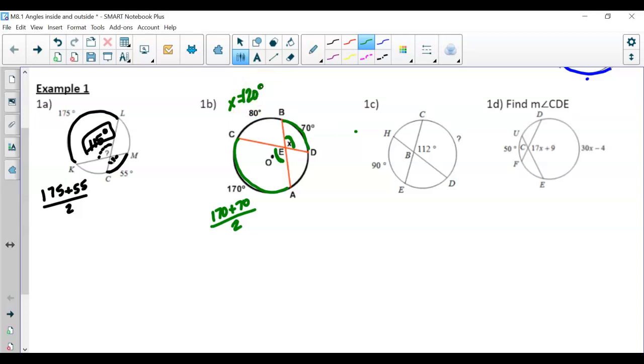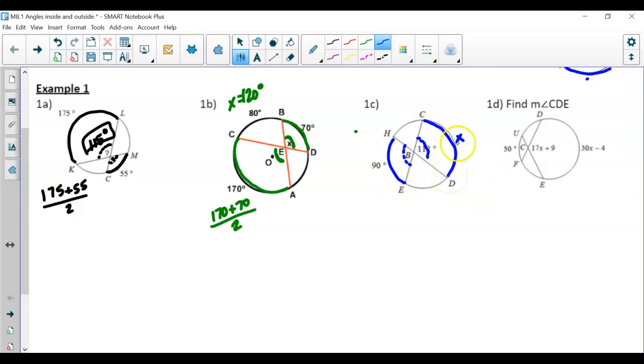Now 1C is different because here we're looking for the arc and we're given the angle measure that creates this arc. So that means here, and again, vertical, so this is creating our 90. I'm going to put X here because that's what we're looking for. We're looking for the measure of the arc.